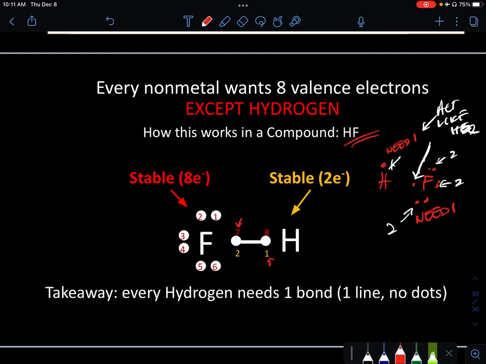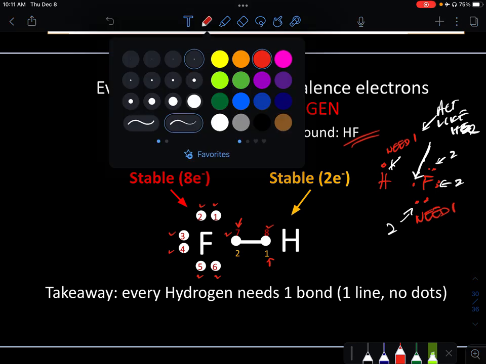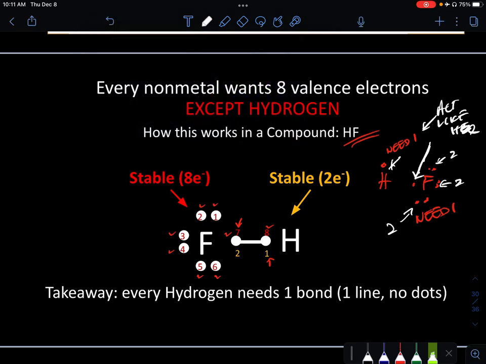By doing that, what we see is we get 1, 2, 3, 4, 5, 6, 7, and 8 for our fluorine. All right. When we look at our hydrogen, we get 1 and 2, right?